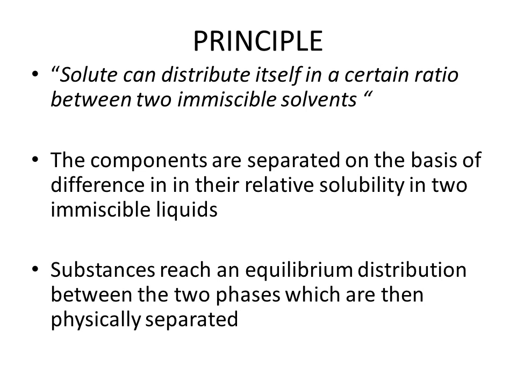And then finally substances reach an equilibrium distribution between two phases, which are then physically separated. An equilibrium of that solute is established among those two solvents, and then finally we separate both of these two solvent layers. In this way we separate a part of solute from the solution.